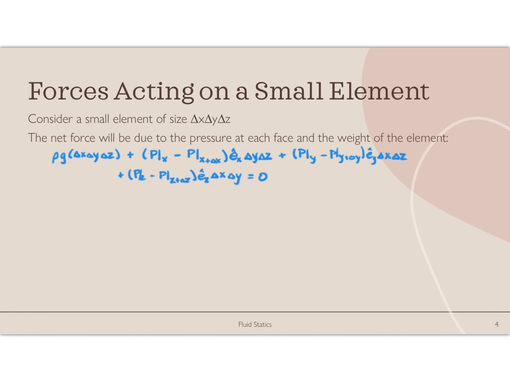Once we do a balance like this over a specific size, even though it's a tiny size, I still want to, as my first step, divide through by that elemental volume's size. So I'm going to divide by delta x, delta y, delta z. Every term will get divided by that.